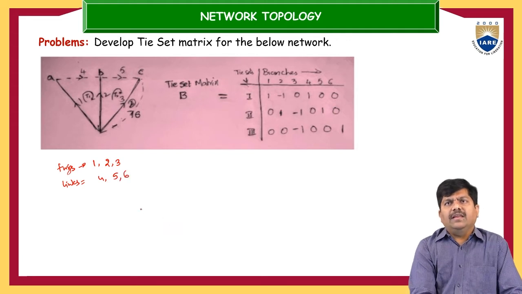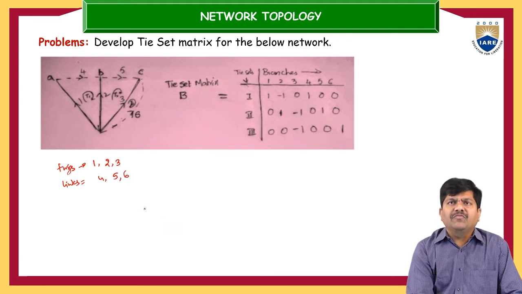So how many basic loops can we see? The number of links is equal to the number of basic loops. These basic loops can be marked 1, 2, 3. These are the tieset or basic loops.